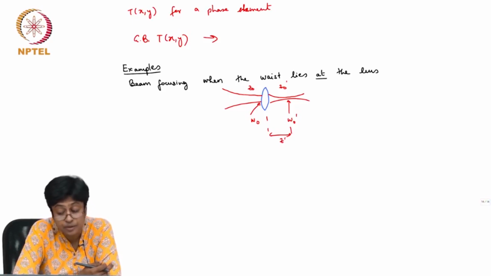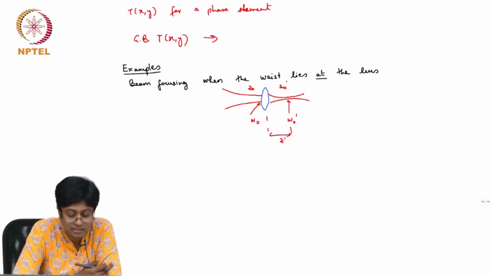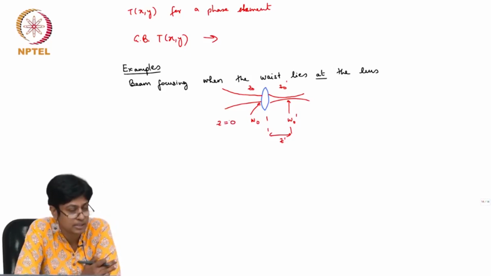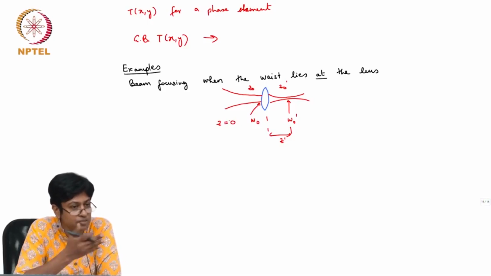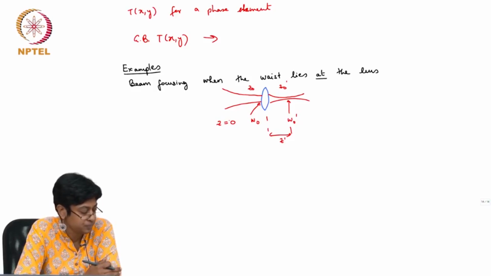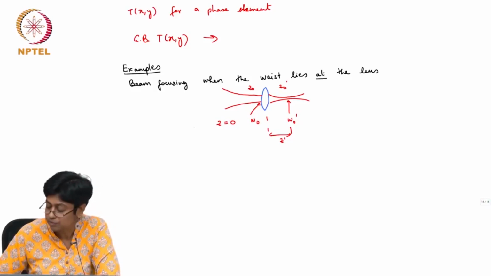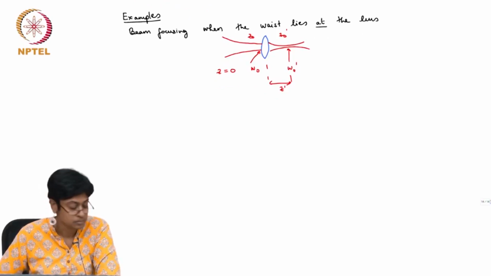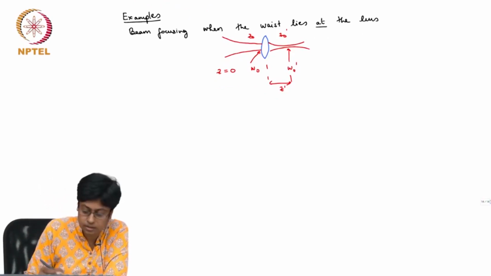Because I've said the waist lies at the lens, in other words, I'm saying Z is 0 on this side. The location of the waist from the lens is actually at the waist. Okay, so if I go back to my equations, I find it easier to write them down, so I'm going to do that.